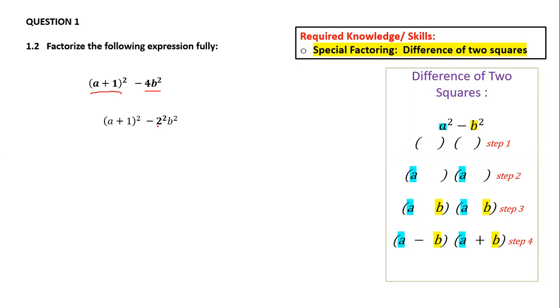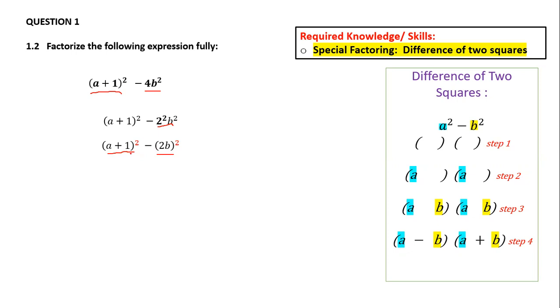And when we write it this way, we know by law of exponents that this can be written as 2b to the power 2. So what we have is a plus 1 to the power 2 minus 2b to the power 2. We can see clearly that this is the difference of two squares.